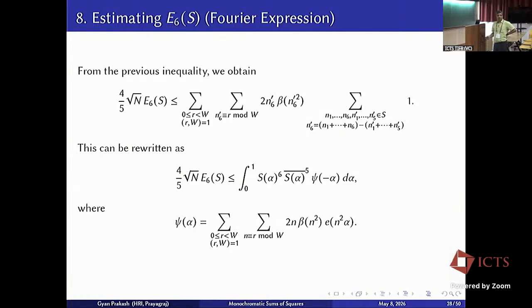So we have a better chance of understanding it than if we were working with some arbitrary subset of squares. Because now this function is no longer non-negative. Earlier we started with non-negative functions, so we could bound it by the complete sum. But if you have oscillating sums, you cannot bound the sum by a complete sum.